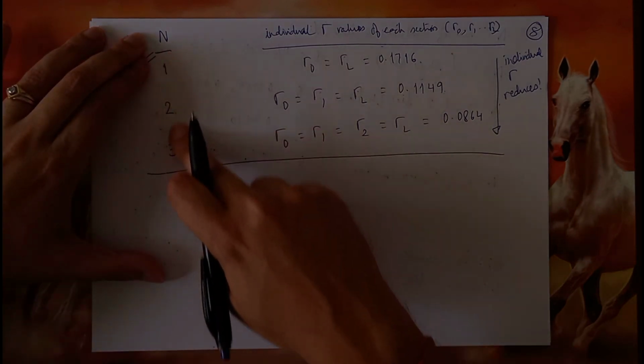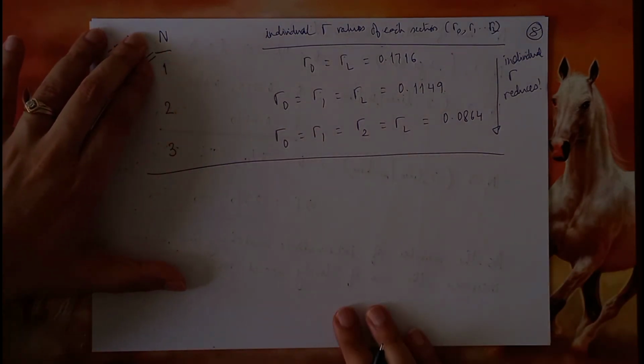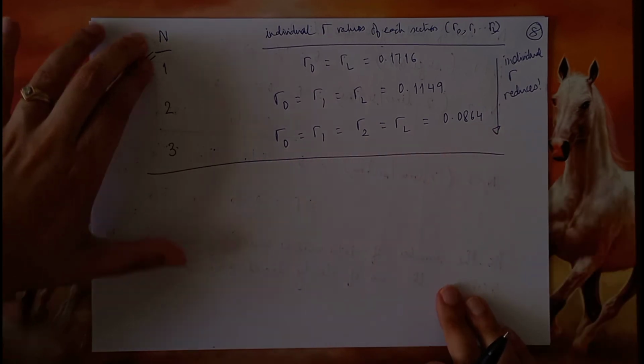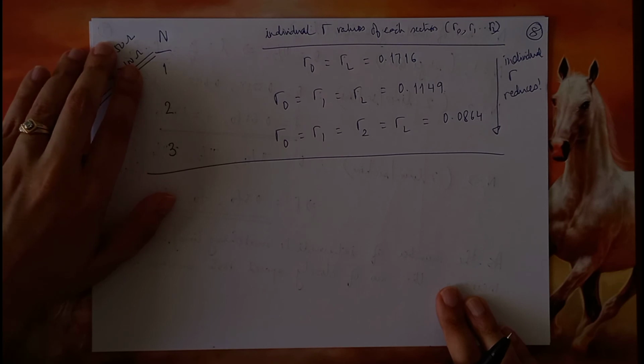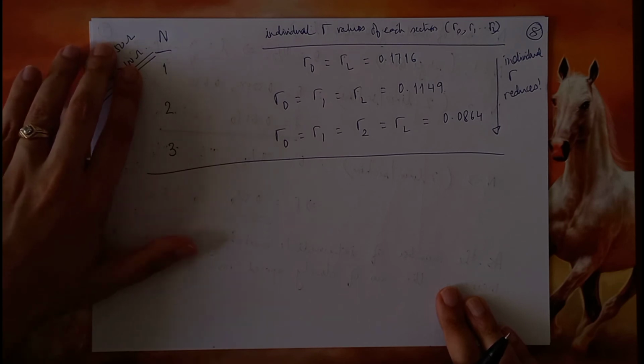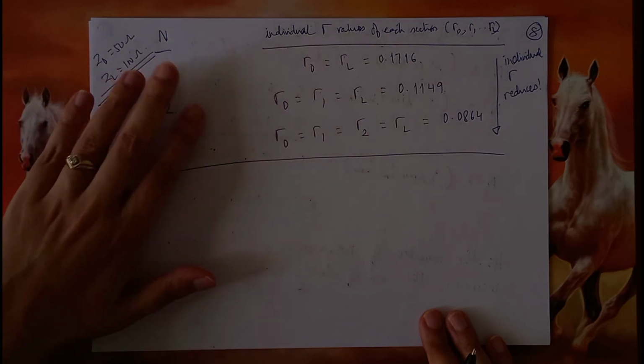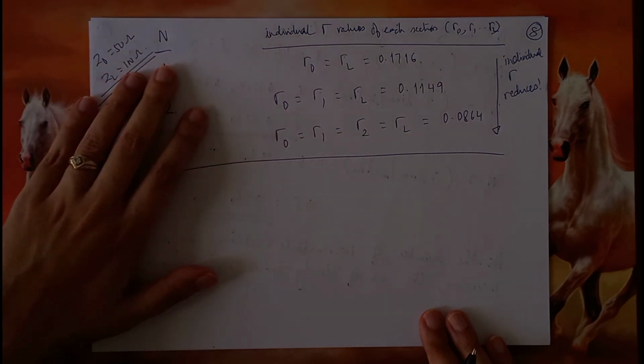Therefore, we can say that as n becomes larger and larger, the individual gamma values will reduce to such an extent that they may become almost 0. So in that case, that's the best possible case when we can expect a very, very large bandwidth from our matching transformer.